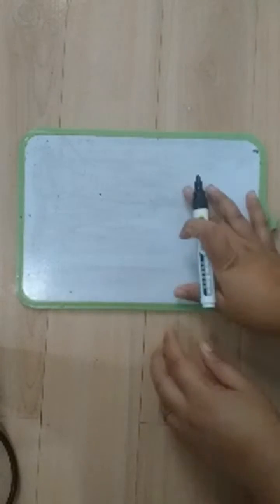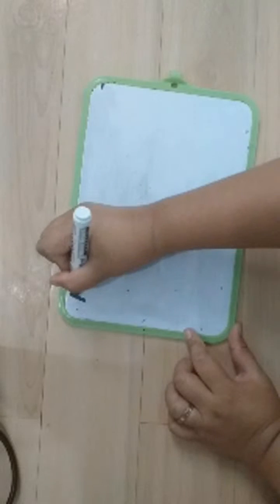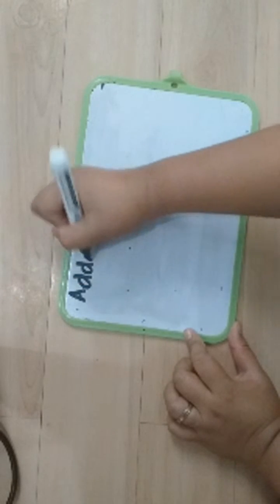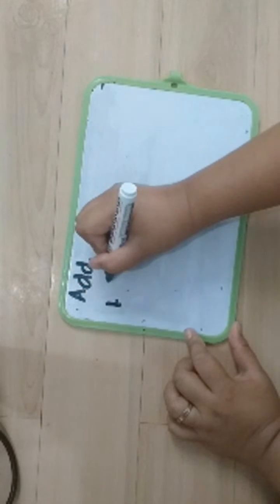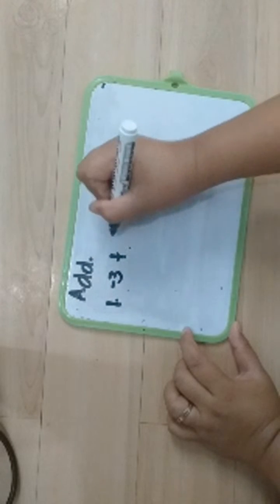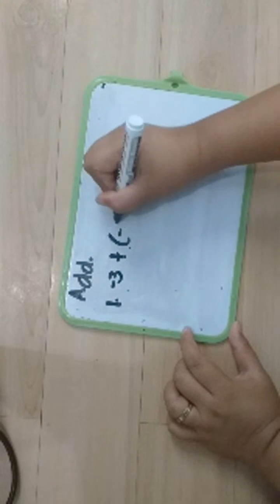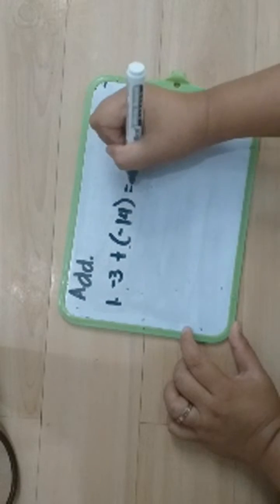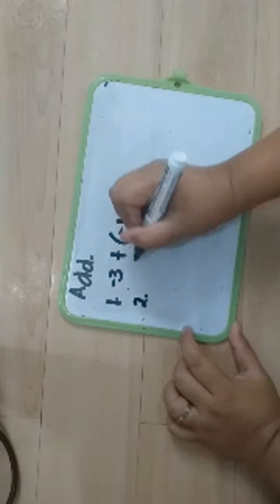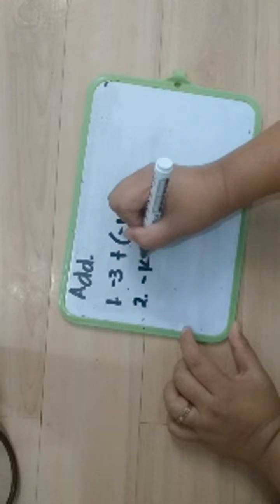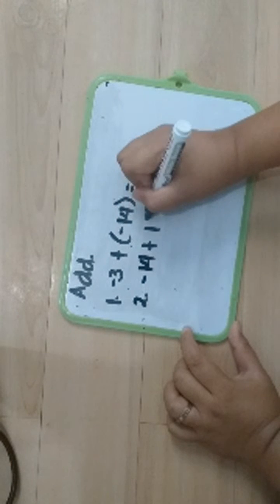Okay, so let us have addition of integers. Suppose you are asked to add the following. Number 1, you have negative 3 plus negative 14. Number 2, we have negative 14 plus 16.